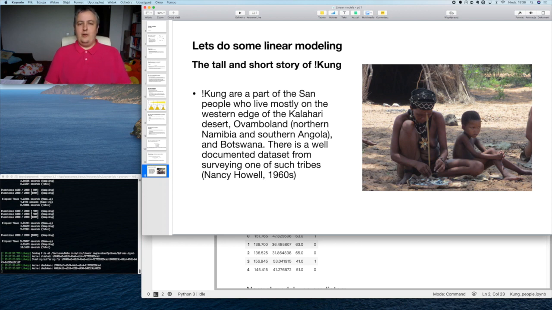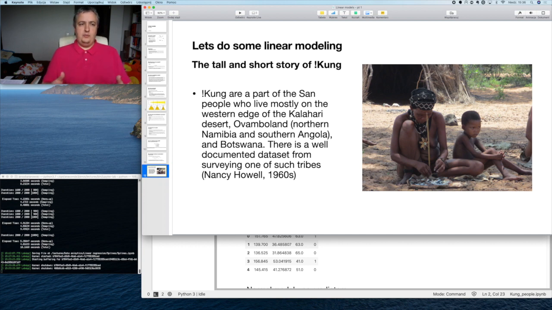They're a nomadic tribe that lives on the western edge of the Kalahari Desert, and this is one of the well-known isolated populations of people, which can be very easily investigated from the anthropological point of view.